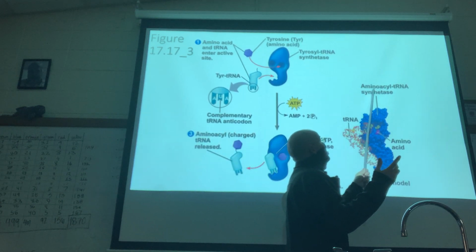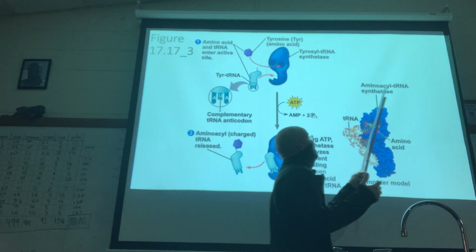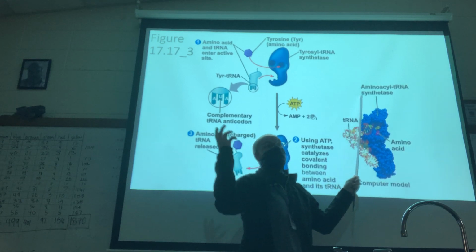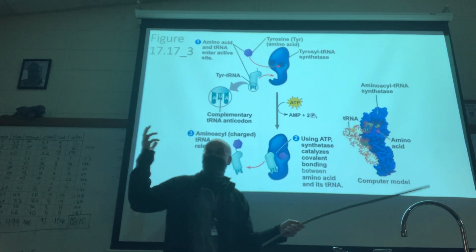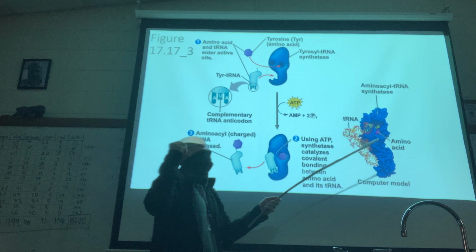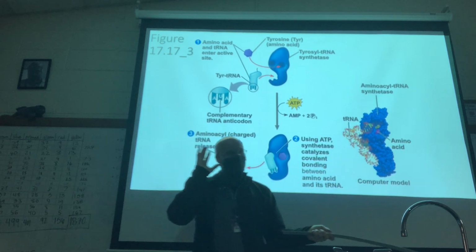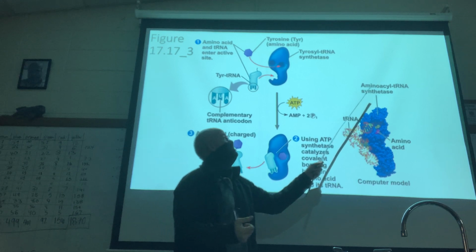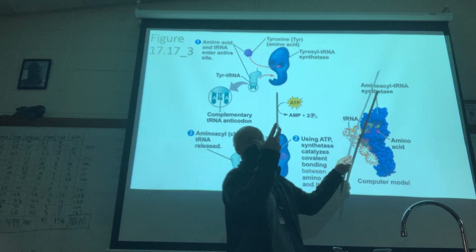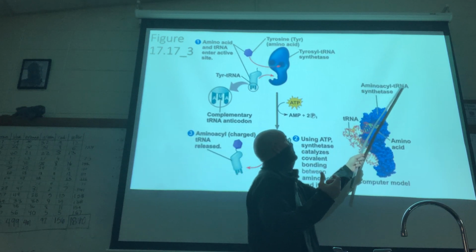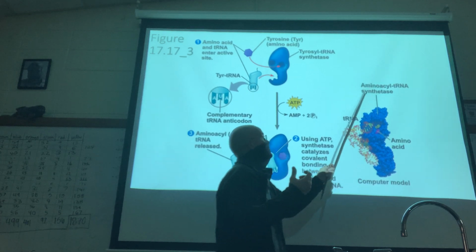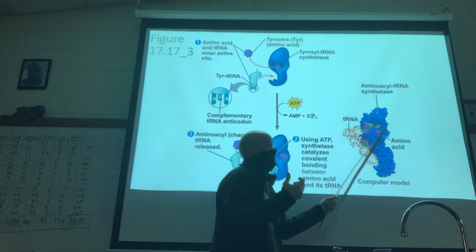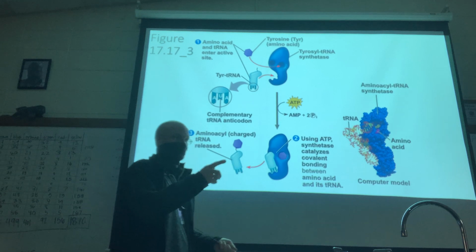Yeah, we see amino here, we see tRNA here. What does the synthe mean? Fake. Synthetic sometimes is a term we use to mean fake, but it really means to build. So you're building or combining a tRNA and an amino acid together. So that's the function of this enzyme.